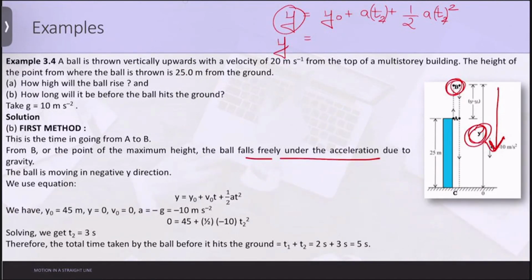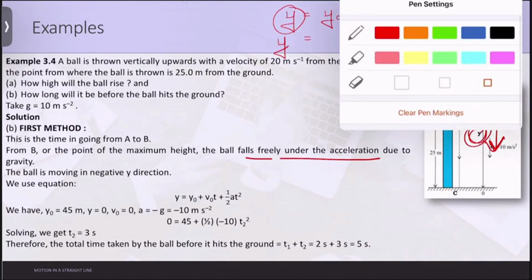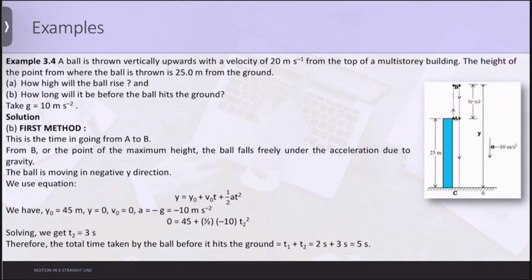So now just understand this question. y is equal to the initial value of displacement plus initial velocity into time plus half a t square. Please understand what the initial value of the displacement is.